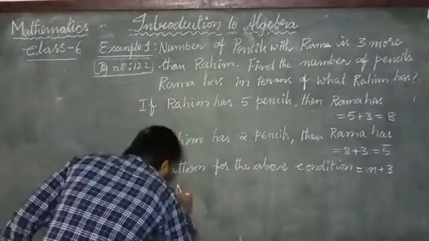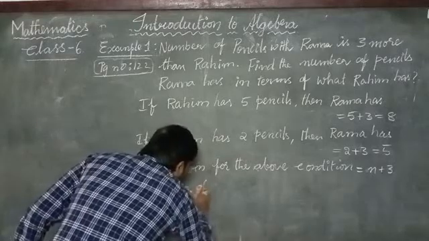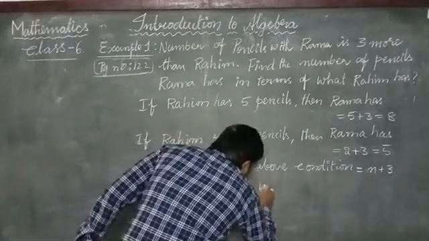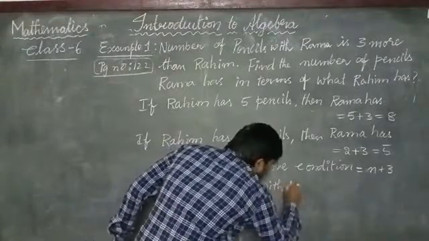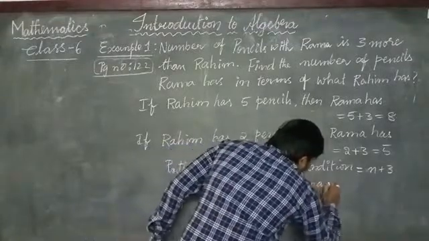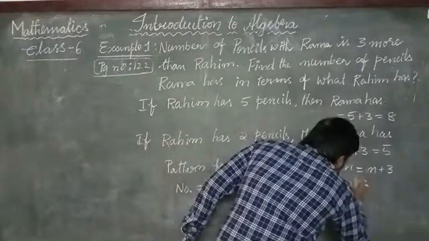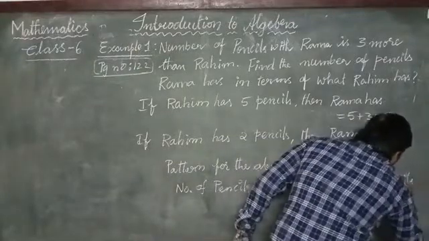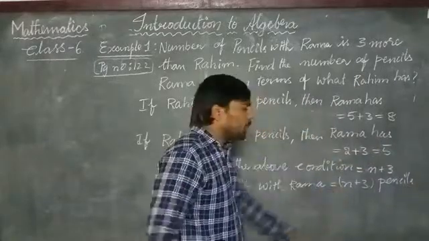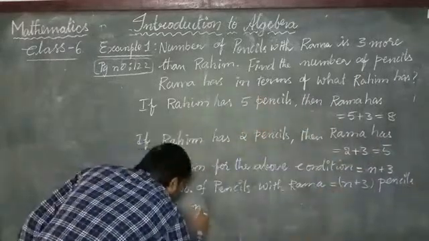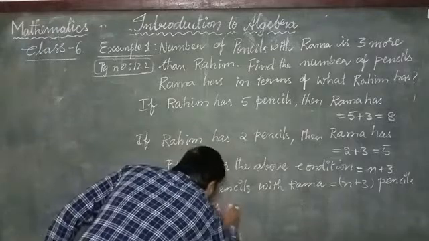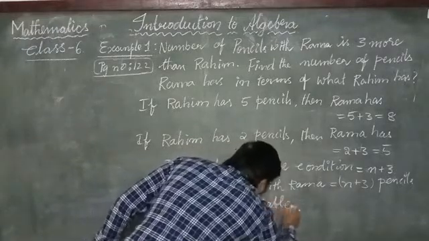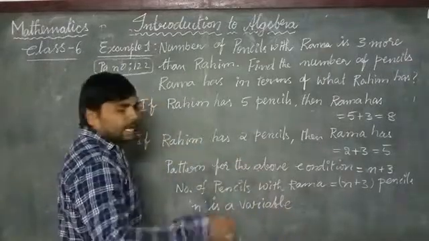Now the number of pencils with Rama is n plus 3 pencils. Here n is a variable, and n is varying.